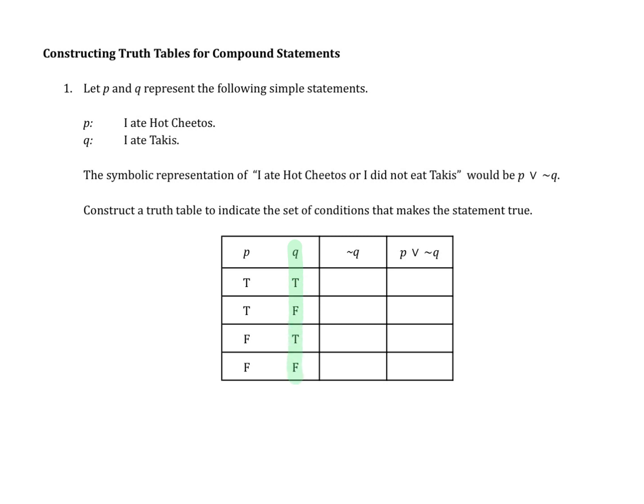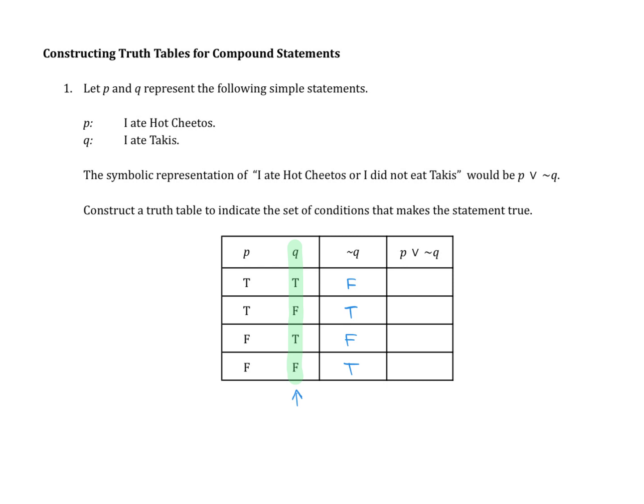Or if you're on pencil and paper, you can make a little mark to indicate which column you're looking at that you can then erase, because we're going to move around the truth table as we go. So for not Q, I take all those truth values of the Q column and switch them to their opposite. So T will become F, F becomes T, T becomes F, and F becomes T. Those just switch to their opposite.